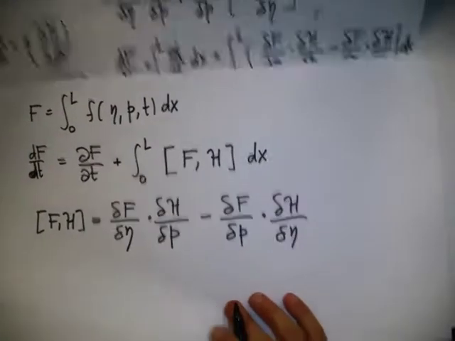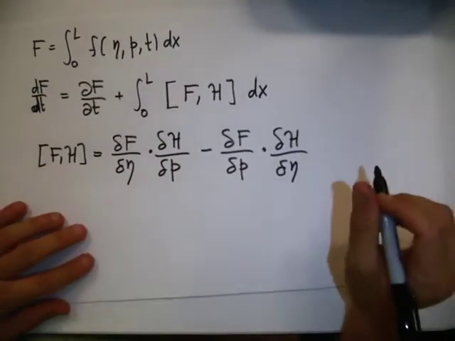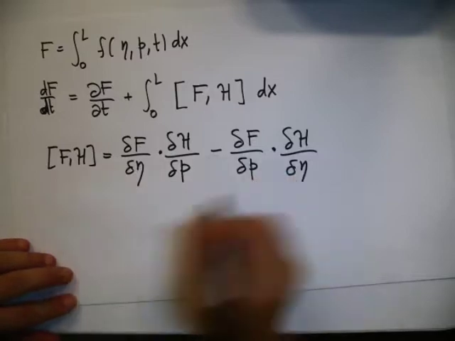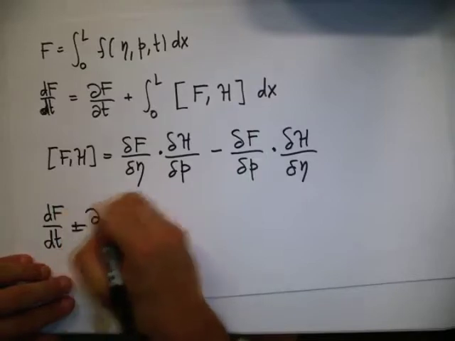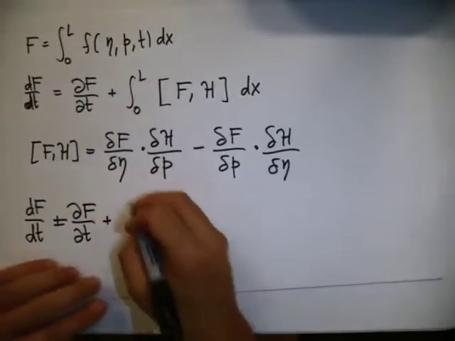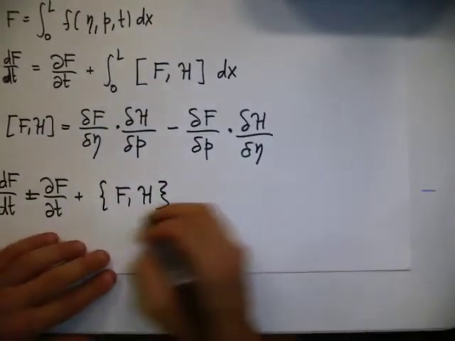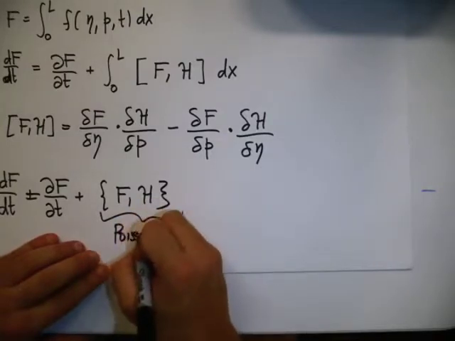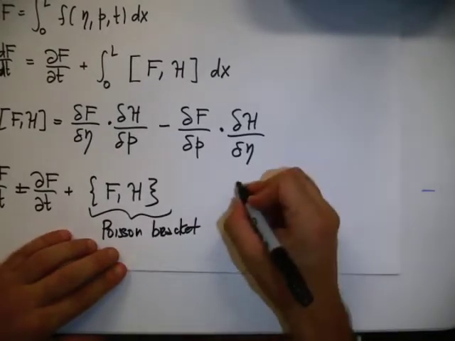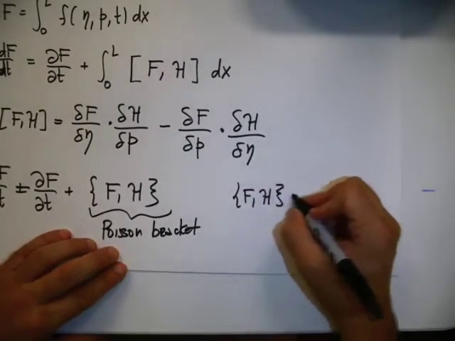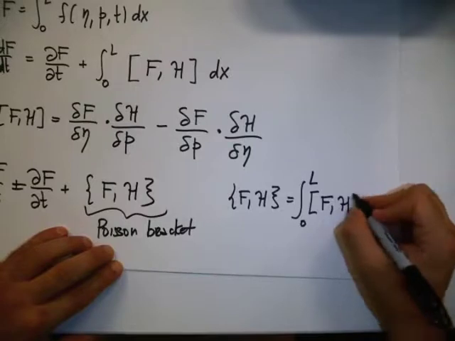Okay, so this is a commutator between f and h, and this commutator allows me to define the Poisson bracket, and this is my Poisson bracket, which is given by F comma H, the integral between 0 and L of f comma h in delta x.